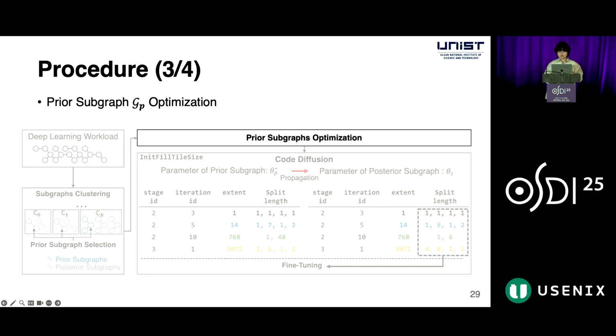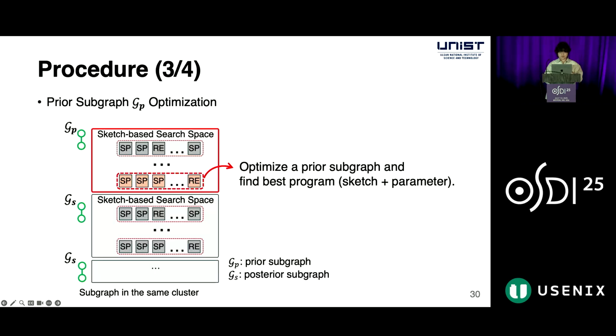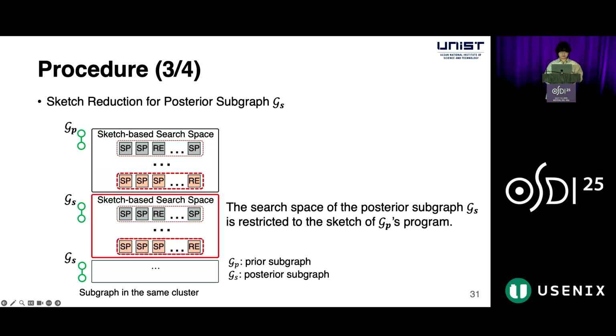Next step is prior subgraph optimization. After selecting the prior subgraph, we optimize it by exploring its sketches and parameters to find the best performing program configuration. Next, when optimizing the posterior subgraph, we don't search all possible sketches.